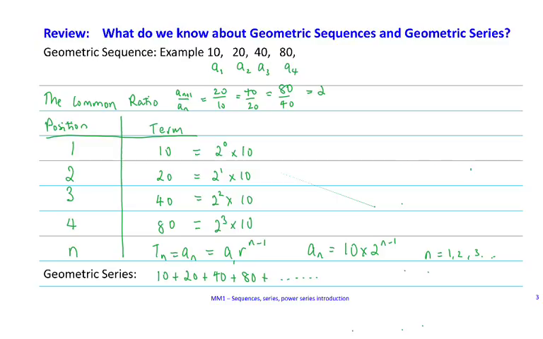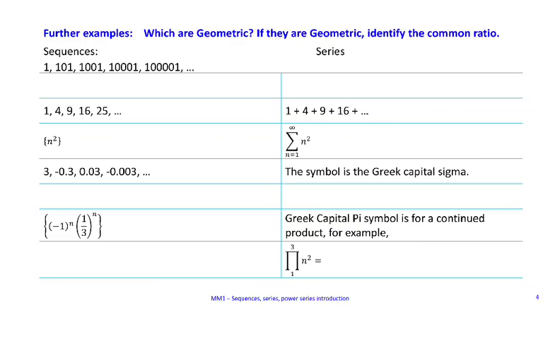Can I turn the page? We have now some other examples. If they're geometric, identify the common ratio. So if we're looking at this sequence, is this a geometric sequence? The easiest way to find out is just look at the common ratio.